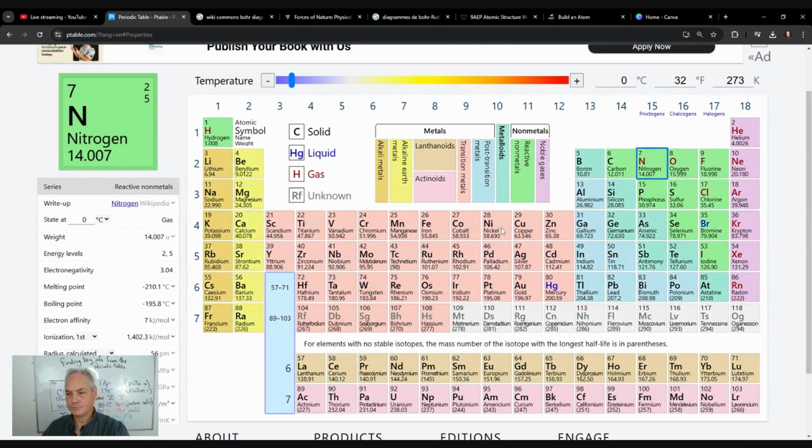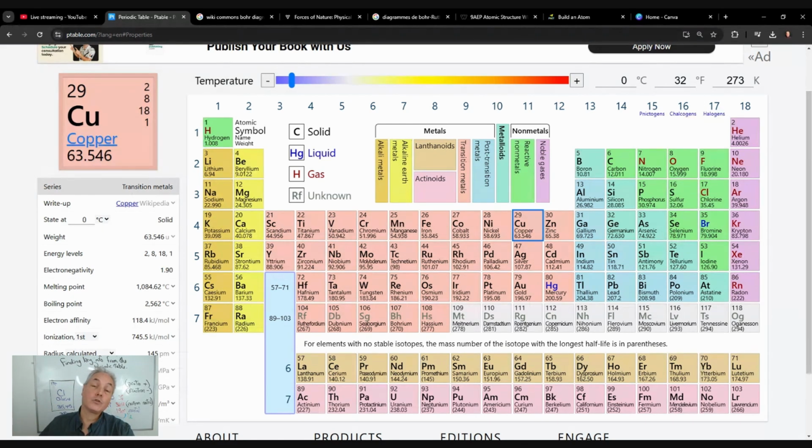If we go to, for example, copper, copper is 63.546. So you could say, well, maybe some of them have 34 and others have 35 neutrons, depending on how it goes. And here the number is very close to 63.5. So if there were only 2 isotopes, there would be half of them with a certain amount of neutrons and the other half with the other.